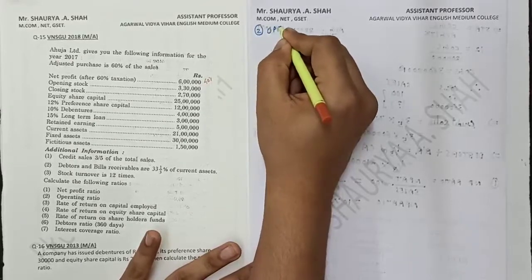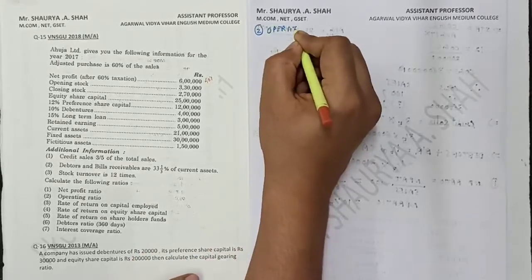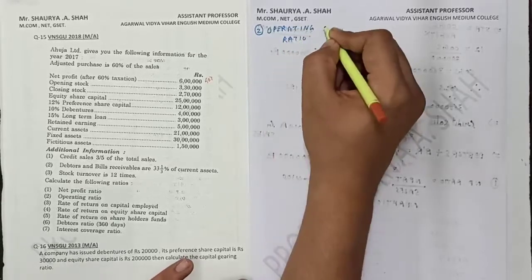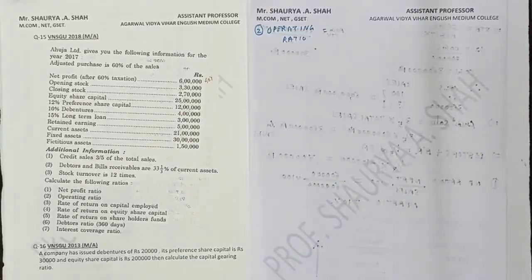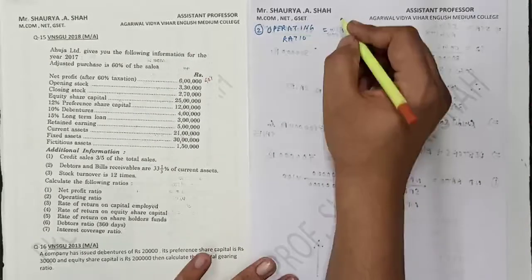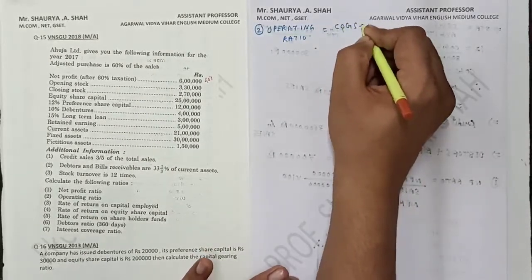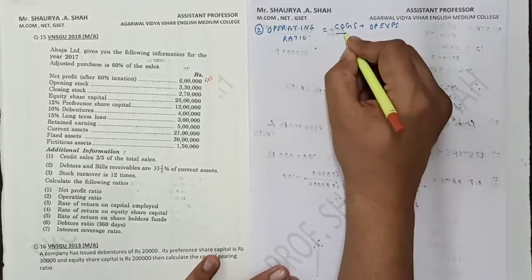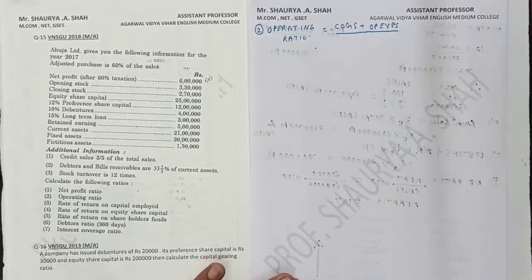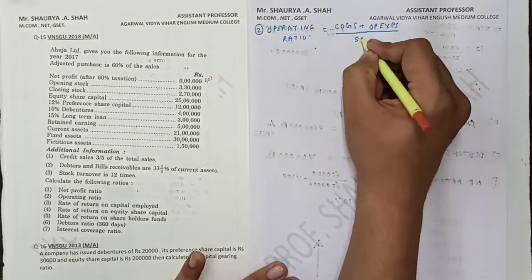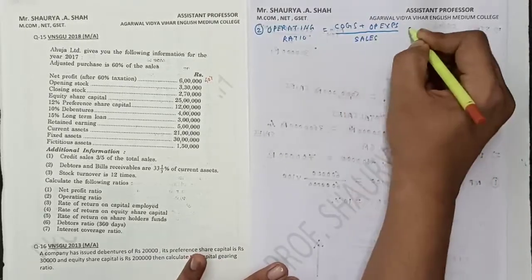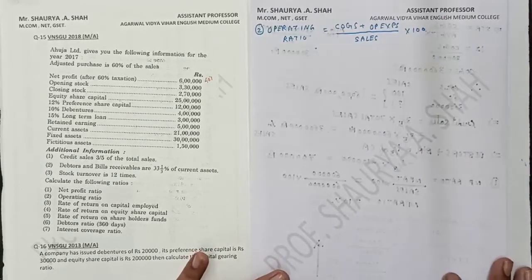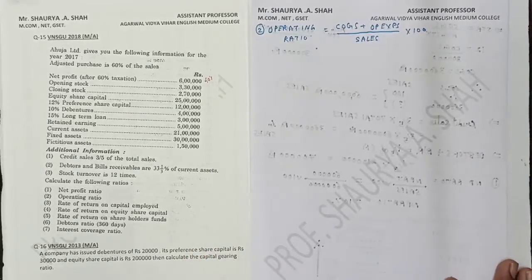Operating ratio is equals to cost of goods sold plus operating expenses upon sales into 100, right? Cost of goods sold plus operating expenses upon sales into 100, right?